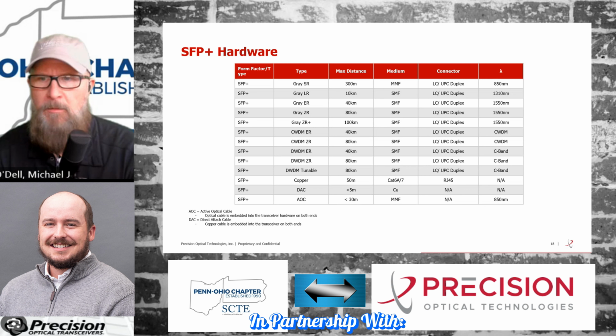There are pages upon pages of Wikipedia pages that can explain that a whole lot better than I could. Long story short, there is a difference between a 1 gig and a 10 gig in terms of type. If you see an X, it's probably a 1 gig. If it's LR, if it has an R, that's a 10 gig.